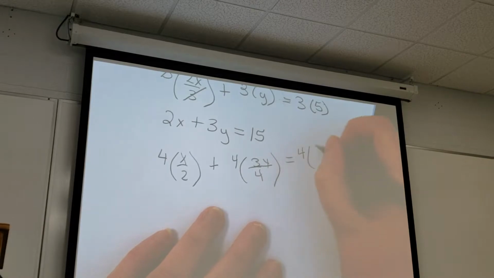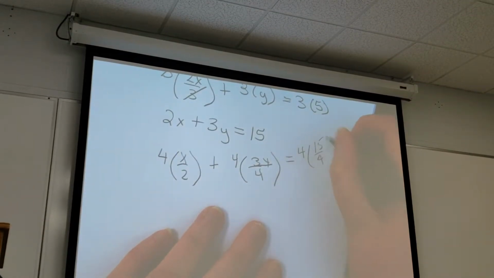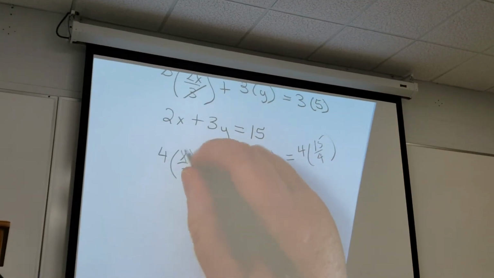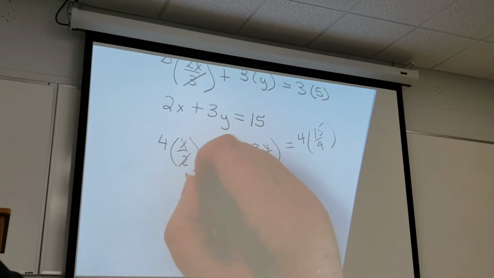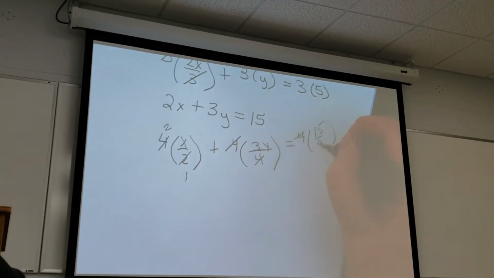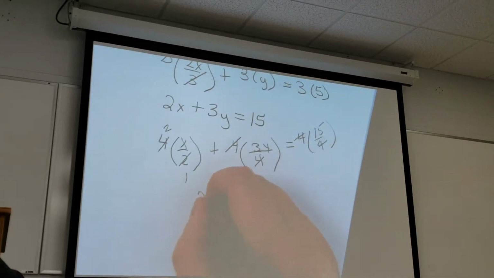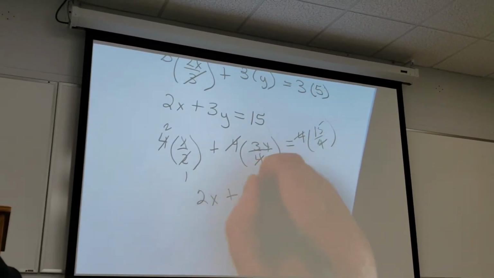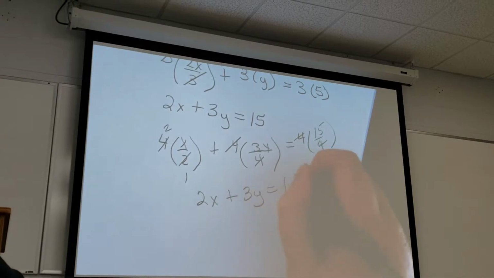4 times 15 over 4. Okay. 2 will go into 2 one time, into 4 2 times. These 4's cancel, these 4's cancel. I am left with 2x plus 3y is equal to 15.